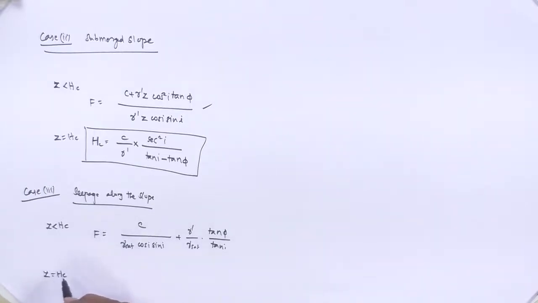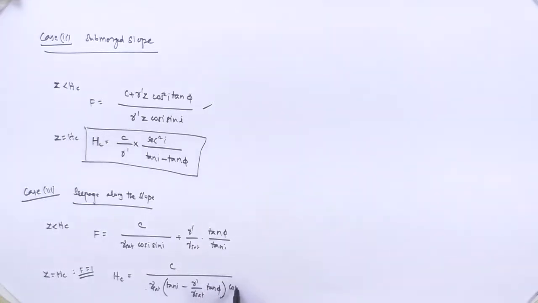Whereas z equals hc, which means factor of safety equals 1, we finally get this hc value equals c divided by gamma sat, tan i minus gamma dash divided by gamma sat tan phi into cos square i.